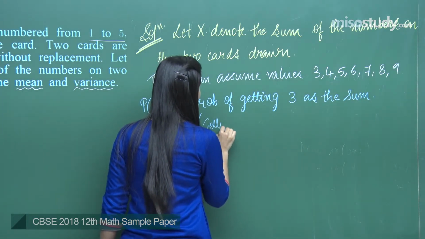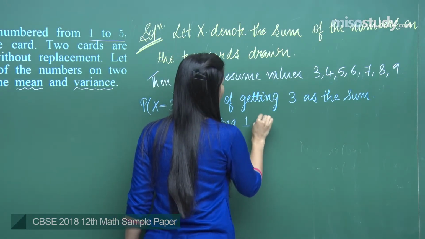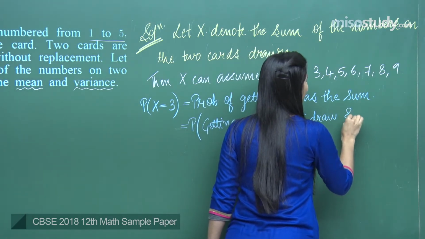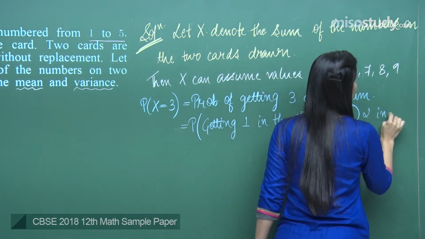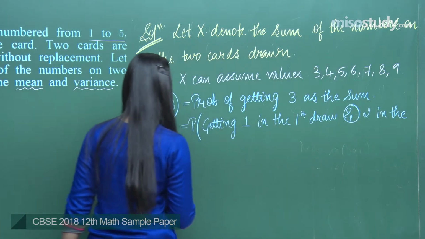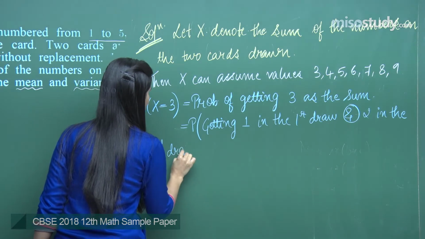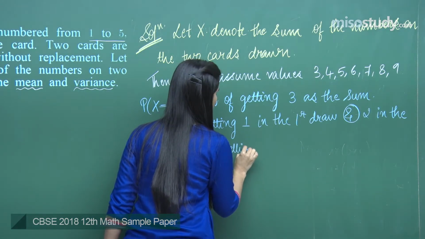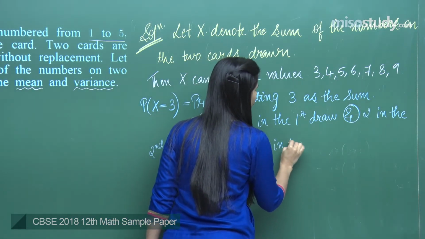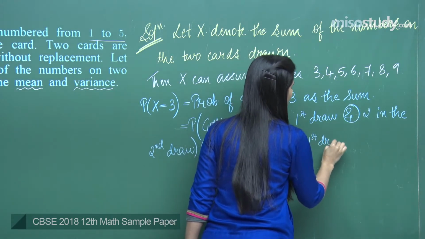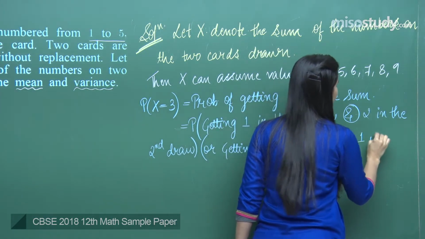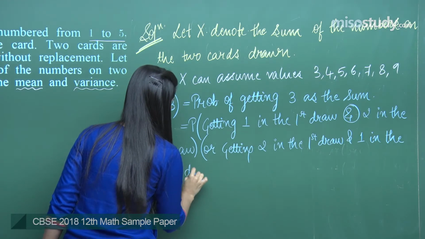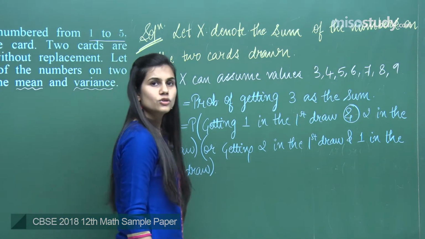So if I am getting 1 in the first draw and 2 in the second draw, or getting 2 in the first draw and 1 in the second draw. So what is this?